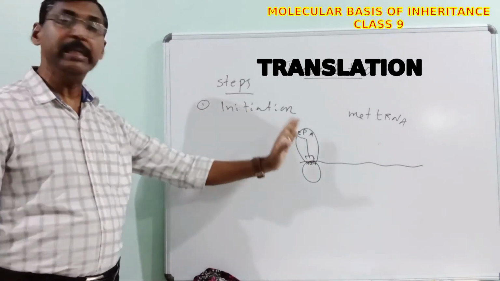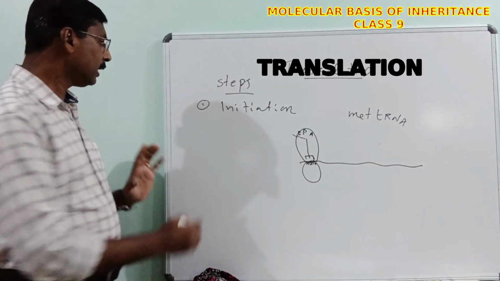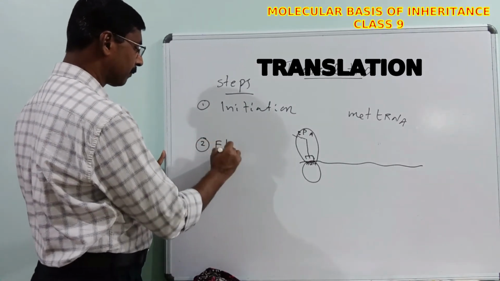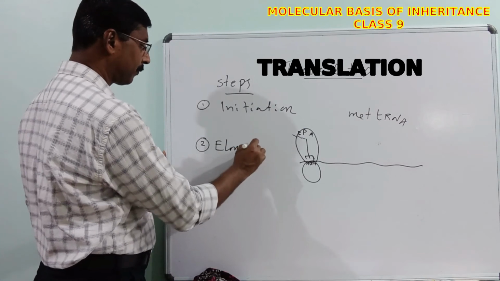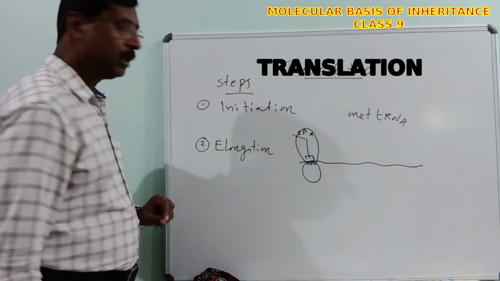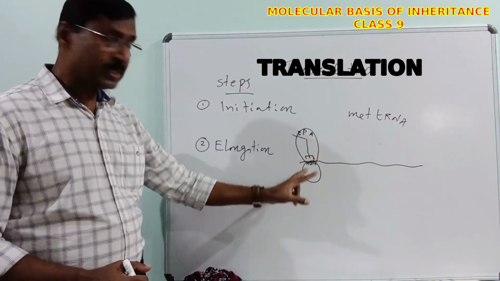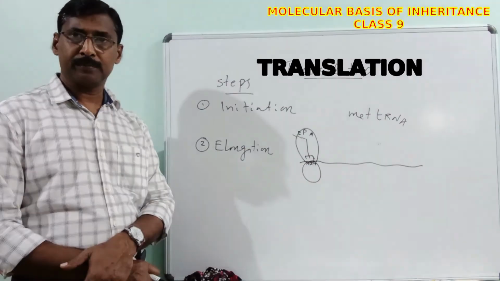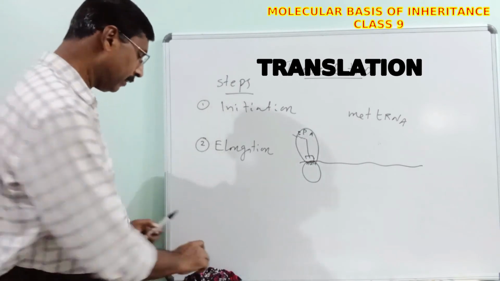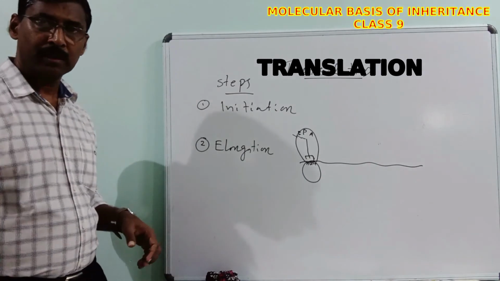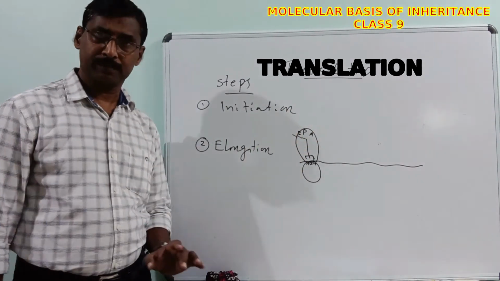So that is initiation. Now the second step is elongation. During elongation, a second transfer RNA comes to the site with a second amino acid.